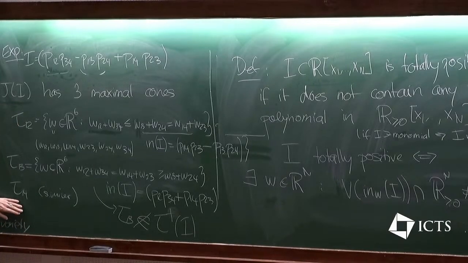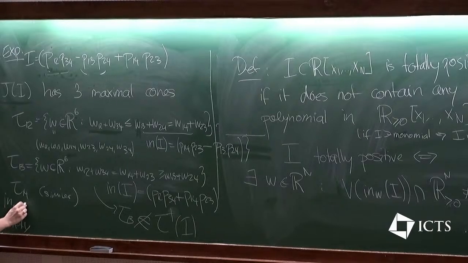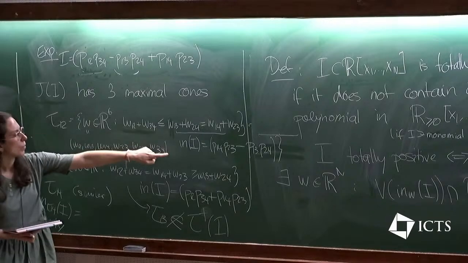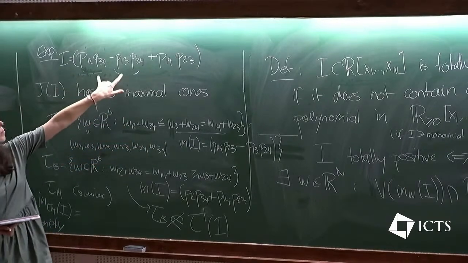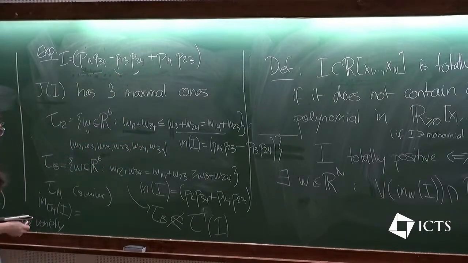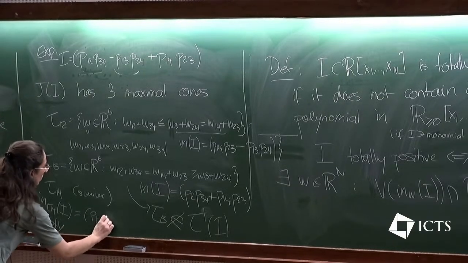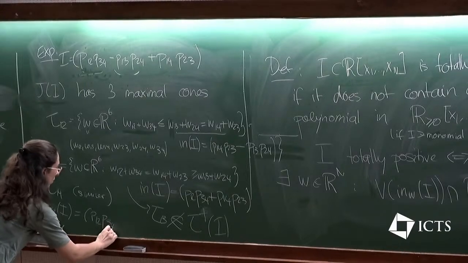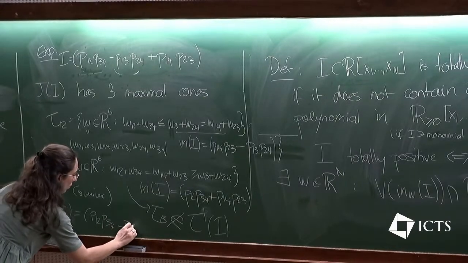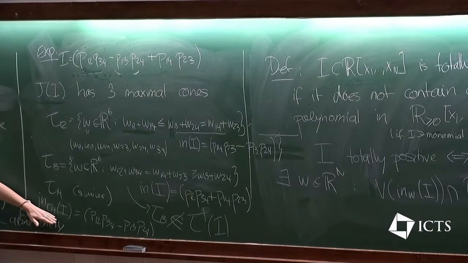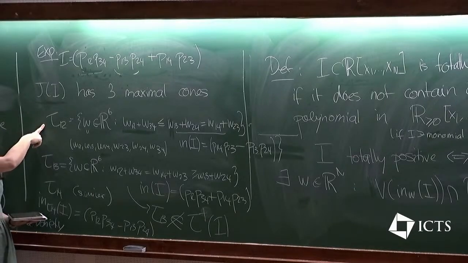And in fact, I didn't write it down here, but the initial ideal with respect to this last cone is generated by the one combination that we're missing, by these two terms. So in this example, we identify two cones that are totally positive.